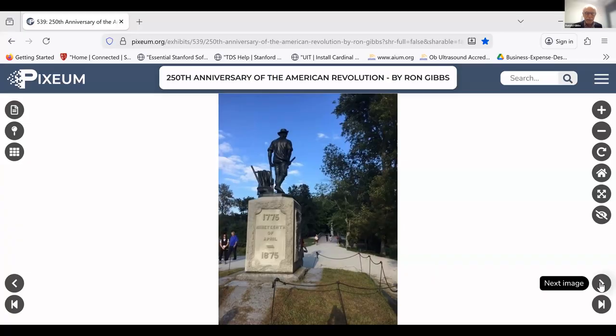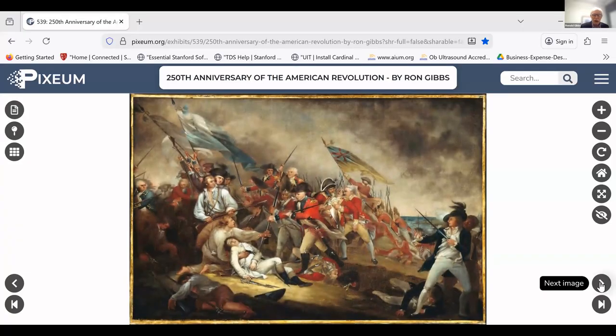And the next slide is John Trumbull's painting of the death of Joseph Warren at the Battle of Bunker Hill. Joseph Warren, in civilian life, was a very prominent physician in Boston, but he was also a very active political leader.